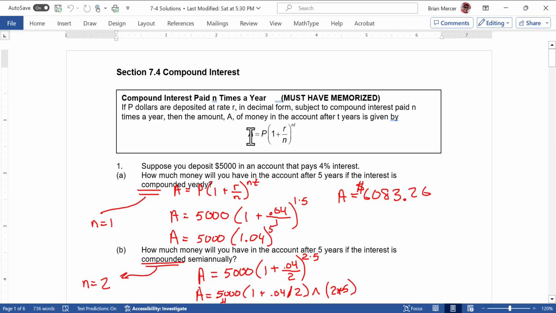Then the amount A, that's the amount of money that will be in the account after t years, so that little t appears up there in the exponent. It's given by this formula, so that's P times this quantity, 1 plus R over n, raised to the nt power.